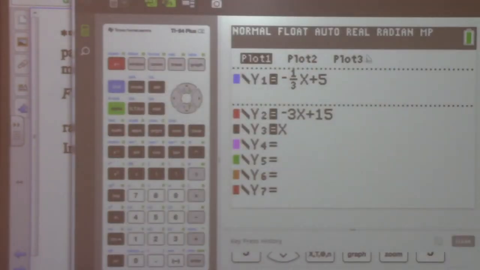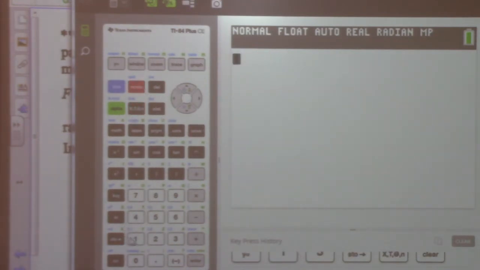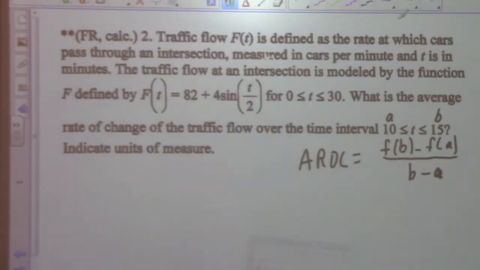And what happens is we have 15 store X. Oops, wrong place. I want to go to this place right here. 15 store X, and then we can just type it in. We're in radians, that part is good.